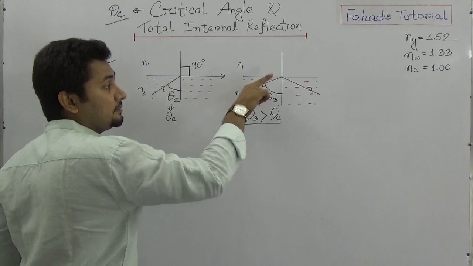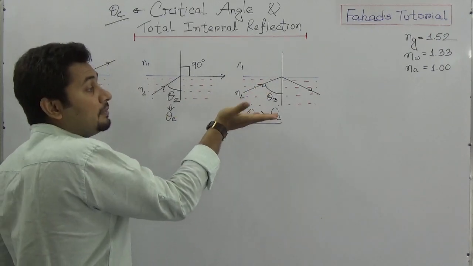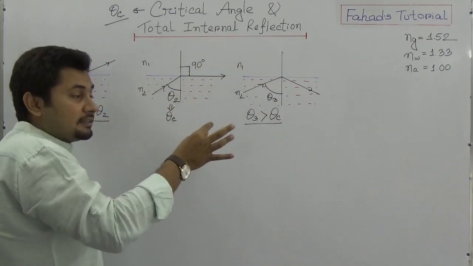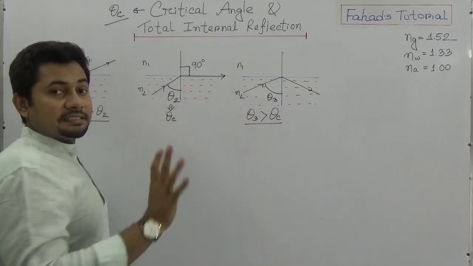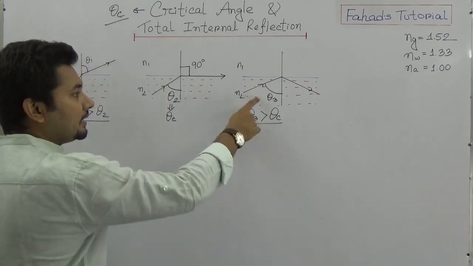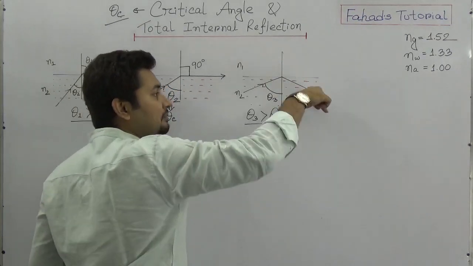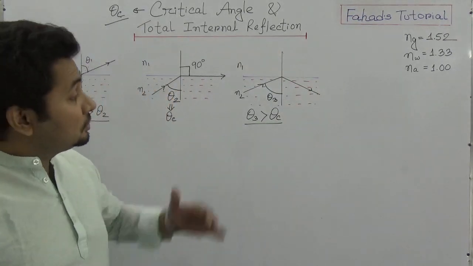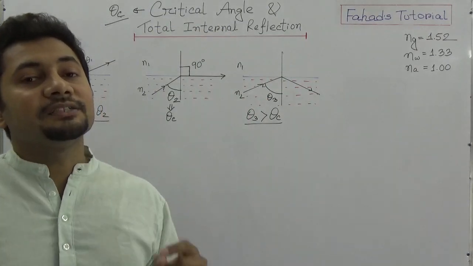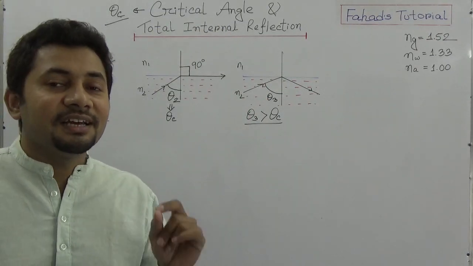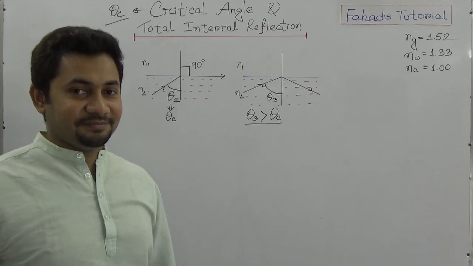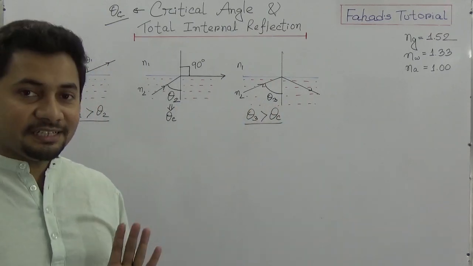And when the incident light makes a bigger angle than the critical angle, say 70 degrees, the light will never go to the other medium. It will come back to the previous medium, and this is total reflection, which is why it is known as total internal reflection. I hope you understand the process.